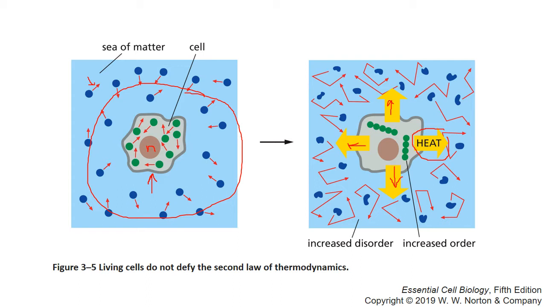I hope that you're pointing out the fact that they're no longer perfect circles, but more importantly also that their red arrows have changed direction and have become a lot more random. And what we see happening is that you get an increase in disorder for the extracellular components, so you get an increase in entropy because of the interaction of the heat molecules.